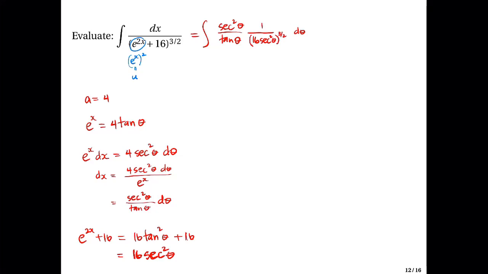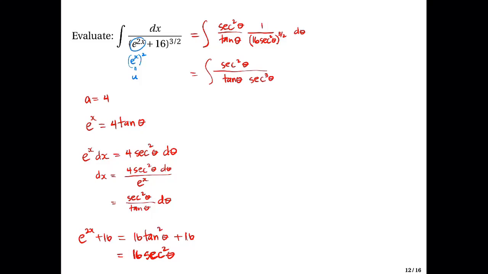So if we simplify this, we will have the integral. You have secant squared in the numerator. On the denominator, you have tangent theta. Secant squared, you raise it to 3 halves. That's secant cube. So you will have secant cube in here.